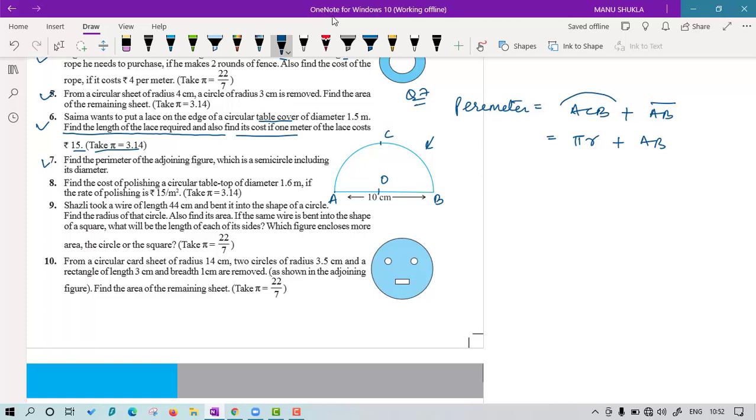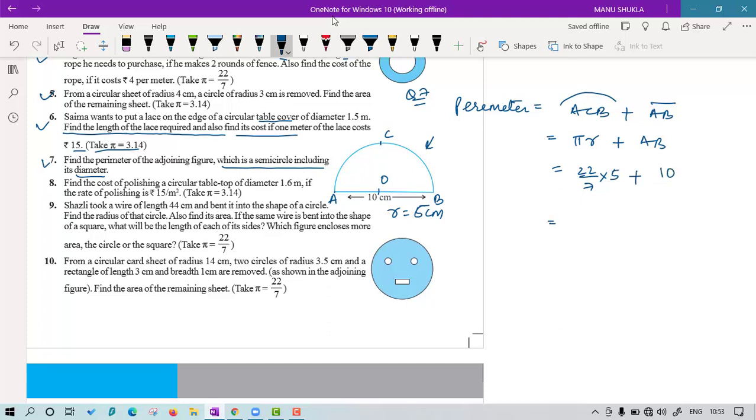What is the radius? They are saying this is a semicircle in which the diameter is 10 centimeter. So what is the value of r? Very simple. r is equal to 5 centimeter. Put in the value: 22 by 7 into 5 plus length of AB is 10.